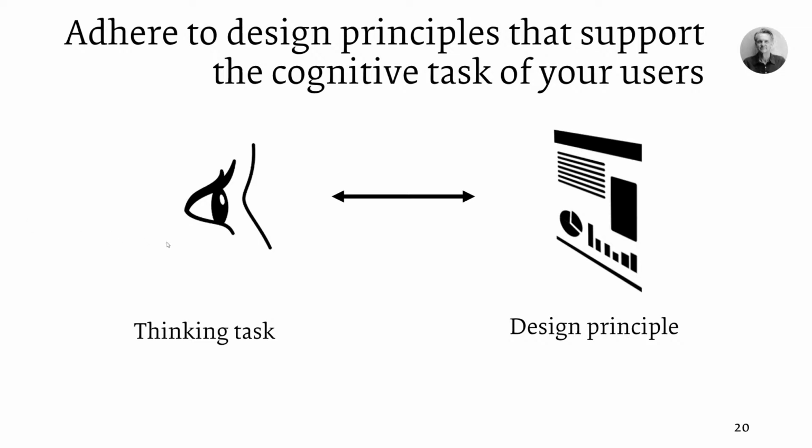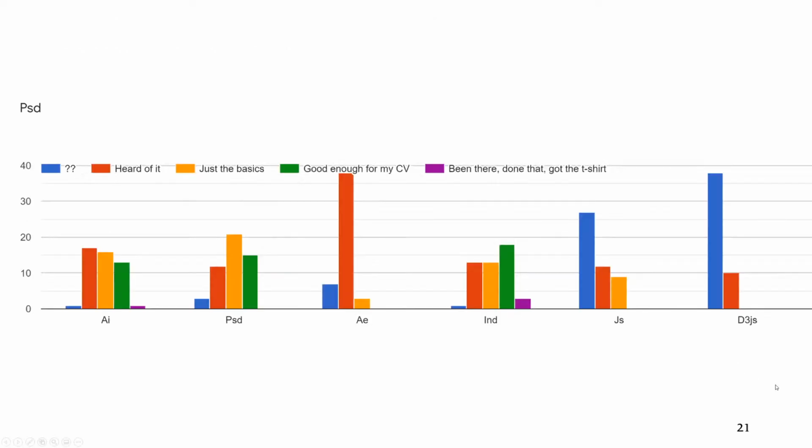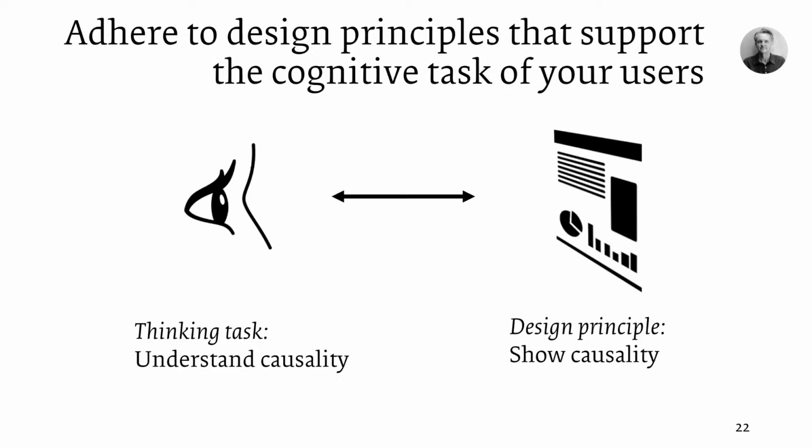Just as an example, you might remember that I asked you to fill out the questionnaire on your expertise level on certain tools, and I've used this. I want to have you understand the causality in the data, and the design principle obviously is show causality.